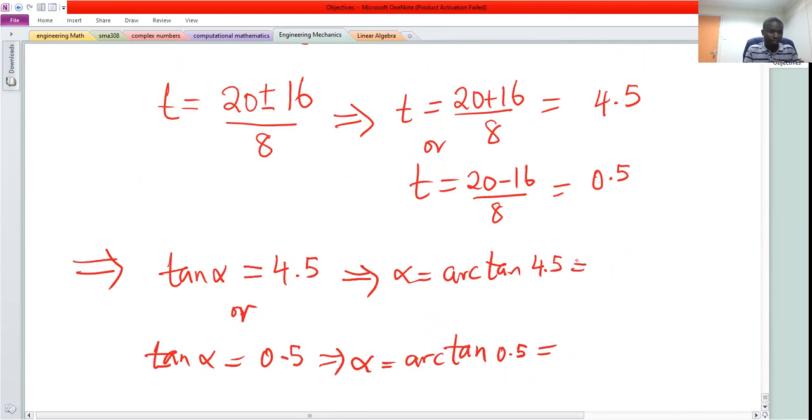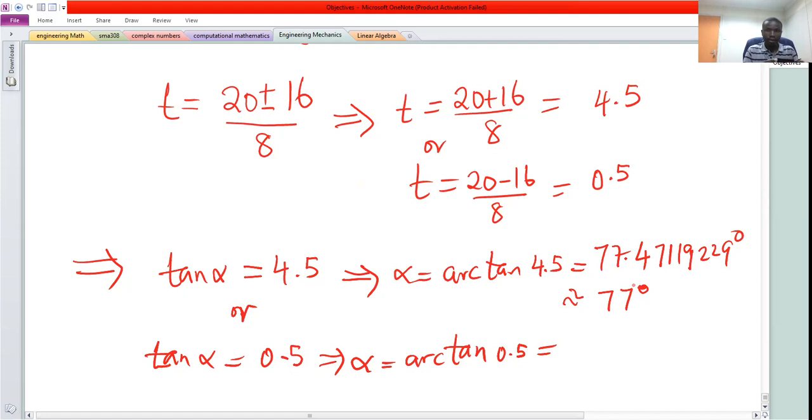So tan inverse of 4.5 is 77.47119229 degrees. So roughly 77 degrees because it was to nearest degrees.